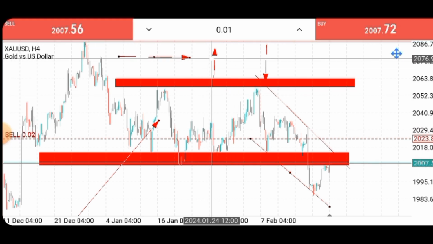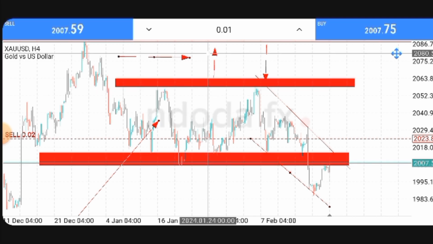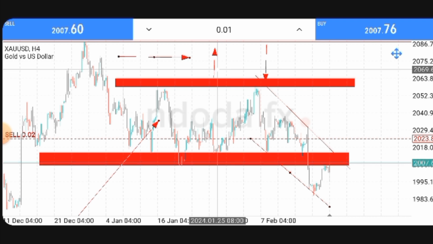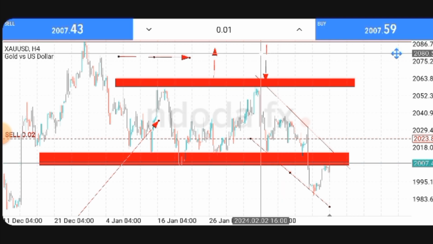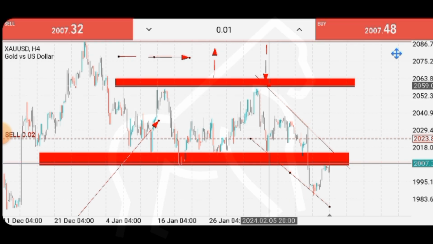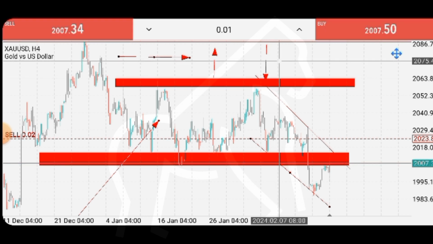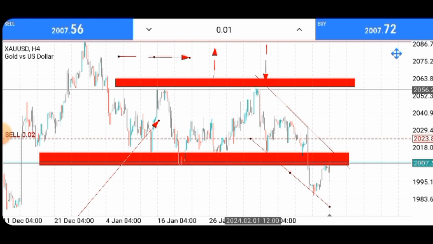Upward movement is impulsive moves towards the upside with small retracements in the opposite direction. That's what we call a bullish move. Moves towards the downside are what we call bearish moves, with bearish characteristics, which means impulsive moves towards the downside, small retracements in the opposite direction, and continuation of that pattern.